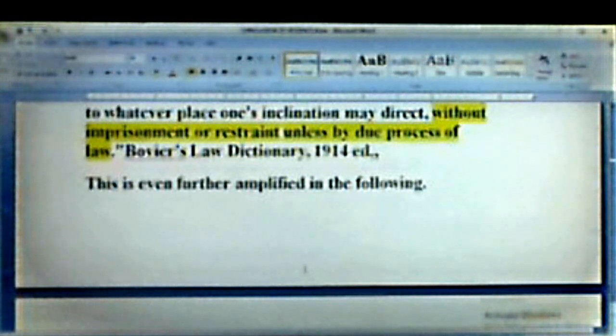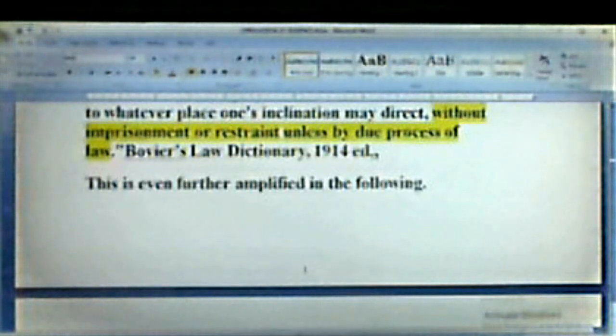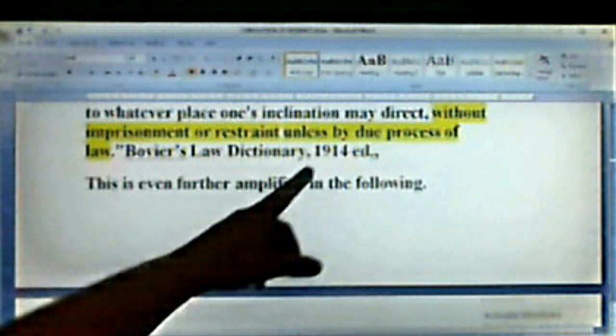Okay, unless that person has shown a clear threat of harm to the other people around them, or there's a clear intent that that man or woman means to do harm, then they're not following due process of law.